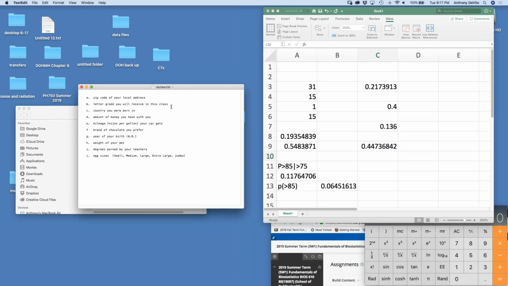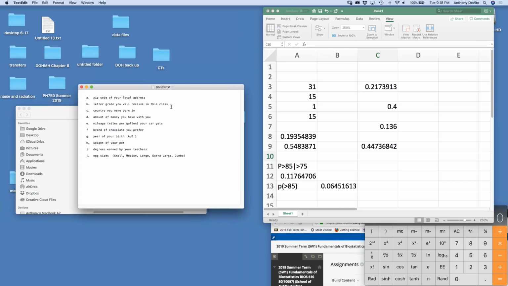Letter grade you'll receive in this class, A, B, C, and so on. Well, what does that represent? It kind of looks like a nominal variable, right? Because it's a letter, an A, a B, or C. But the thing is that it has a sense of order. It's not on a continuous scale like blood pressure or height or weight or BMI, but it still has order to it.